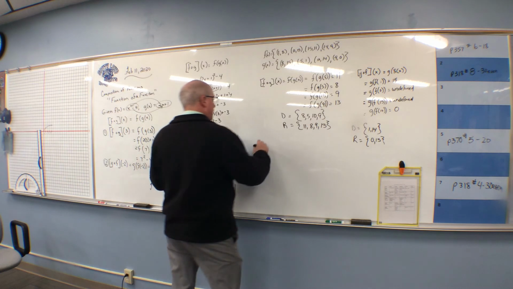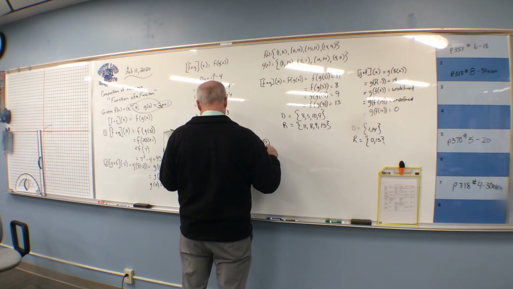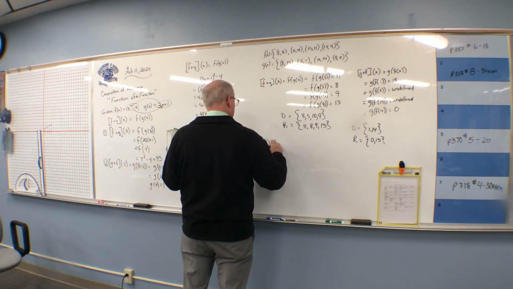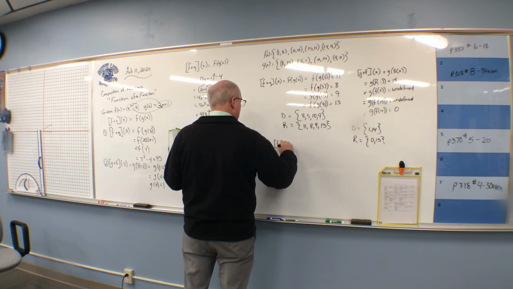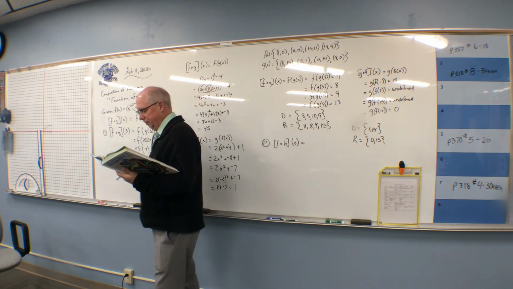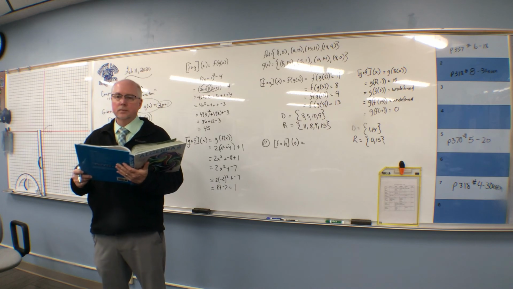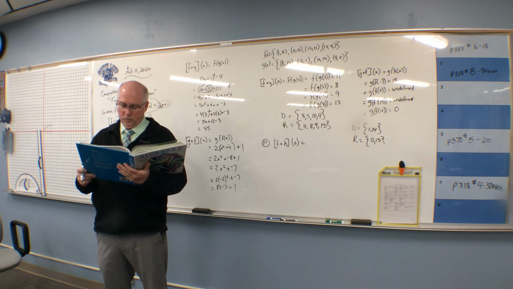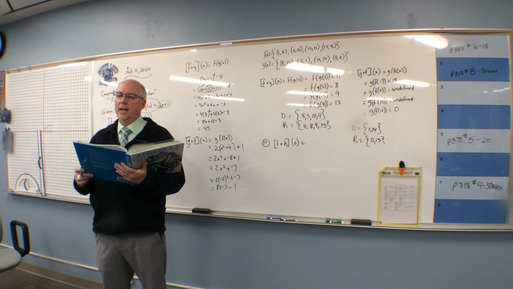Number 17 says h of 0, okay? What is h of 0? Put 0 into the h function. Is there any x in the h function? No. h of 0 is 5.